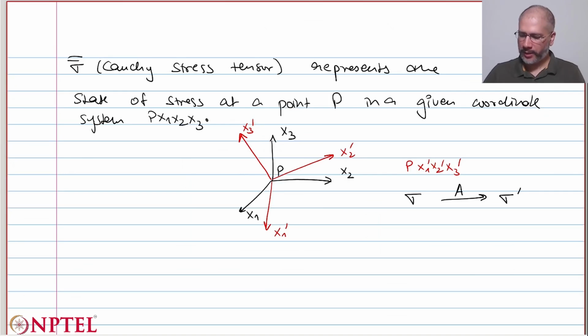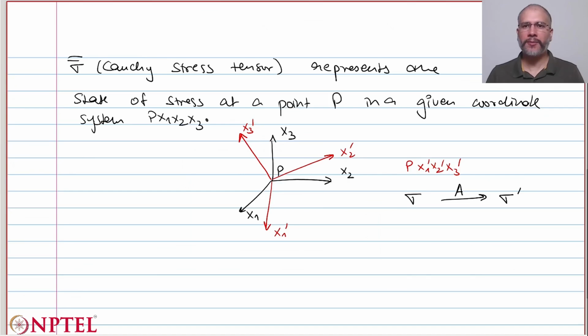To do that, I need the information of the transformation matrix A. That is, I need the information about the rotations, the 9 angles of rotations between the base coordinate system and the primed coordinate system.